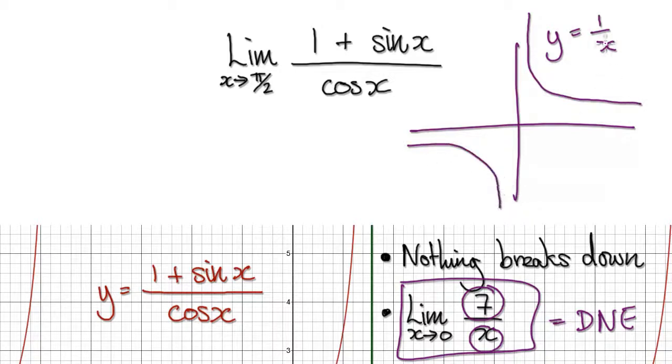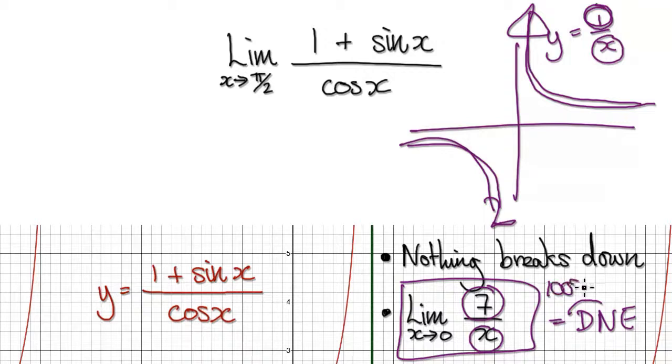There's a limit law that says that if something heads towards a constant and then this denominator heads towards 0, then one's going to shoot up and the other one's going to shoot down. So you can 100% conclude that it does not exist if you have something that heads towards a constant and this thing happens to head towards 0.